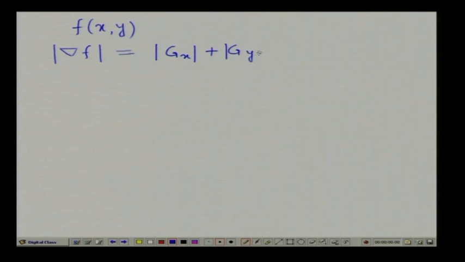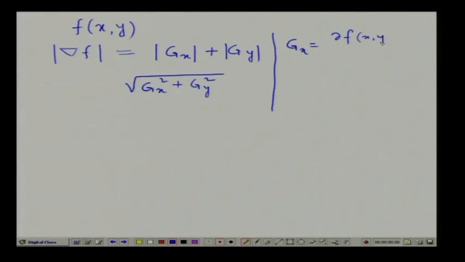And we have seen earlier that in case of an image modeled as a two-dimensional function f x y, the gradient of this image, that is grad f, magnitude of this is given by magnitude of g x plus magnitude of g y, or square root of g x square plus g y square, where g x is nothing but partial derivative of f x y with respect to x, and g y is nothing but partial derivative of f x y with respect to y.